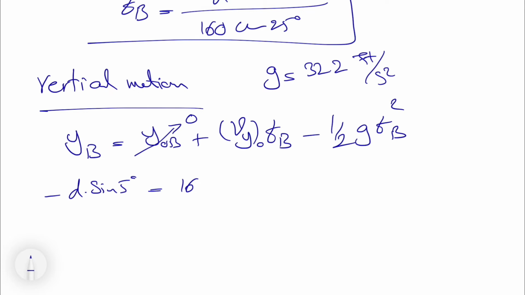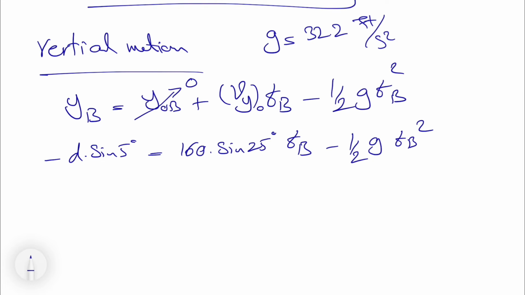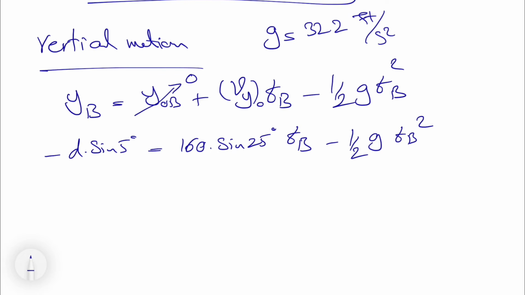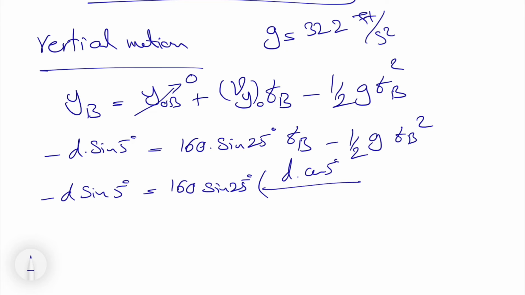So we found yb like in the previous step, which was minus d sine of 5 degrees. We also found the initial velocity in y direction, which was 160 times sine of 25 degrees. So we have the time in here, and if we plug in what we found for tb in this equation, we'll have one equation that only has d as an unknown, so we can find it at the end.